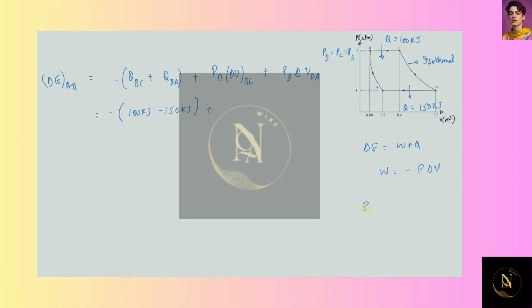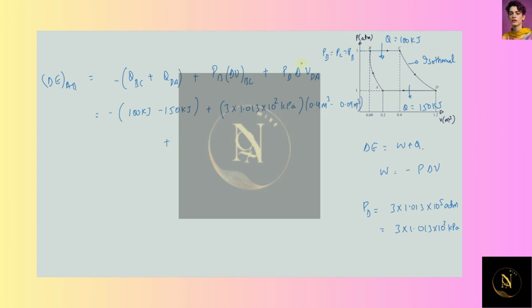Now if we convert atm into kilopascal, we'll get 3 into 1.013 into 10 to the power 2 kilopascal, times the volume at point C minus the volume at point B, that is 0.4 meter cube minus 0.09 meter cube.